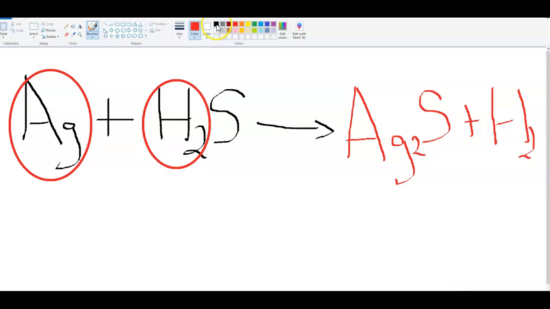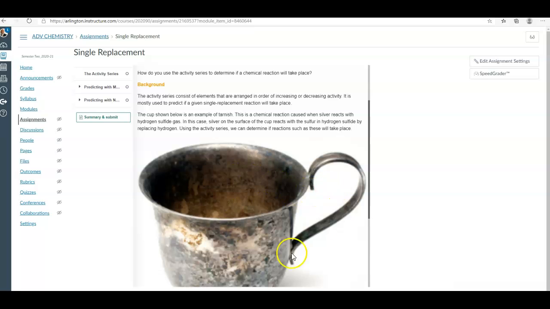So in this case, you can see that silver replaces hydrogen. That is why it's referred to as a single replacement reaction, because one element, in this case silver, will replace another element in a compound, so in this case hydrogen. This is the reaction that is happening here.